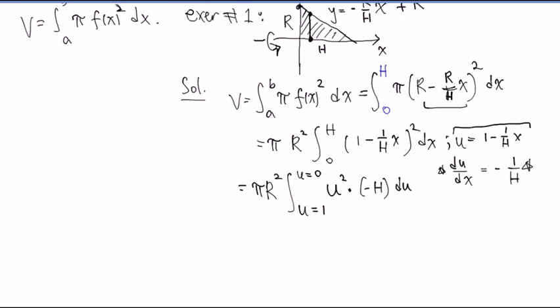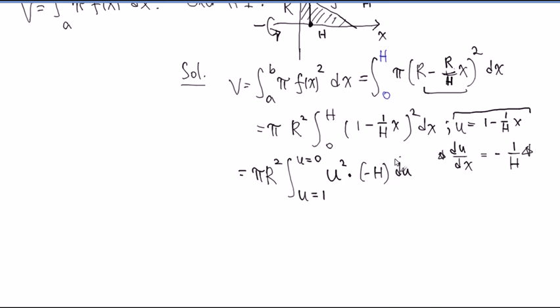Straightforward. All right. What are you going to do with this negative, and then looking at 1 is down there and 0 is up there? You can flip it, right? Pi r squared times h, and you can flip it back to 0 to 1 using the negative, and then you go back to u squared du, right? Cool?